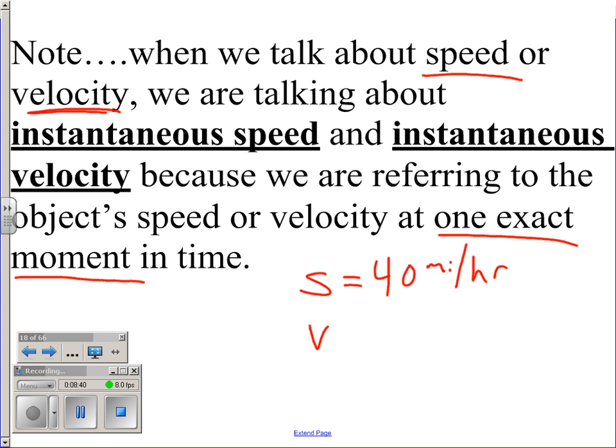And similarly, at that moment, you've got one exact velocity, 40 miles an hour, whatever it was, south, right? Okay, so that's just telling you what you're doing at that moment. You know, 10 seconds later, you could be stopped. Maybe a cat ran out in front of your car and you jammed on the brakes to stop, okay? So when we use the word speed and velocity, we're talking about instantaneous speed, instantaneous velocity. We're talking about what's going on right at that one moment.